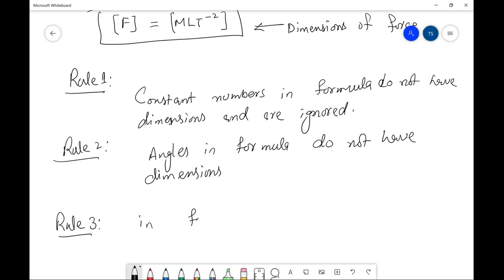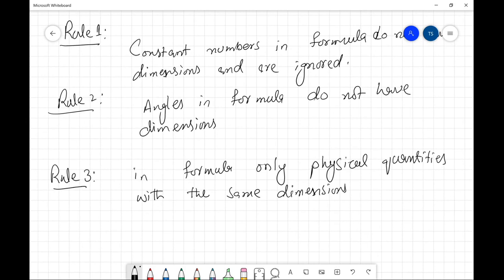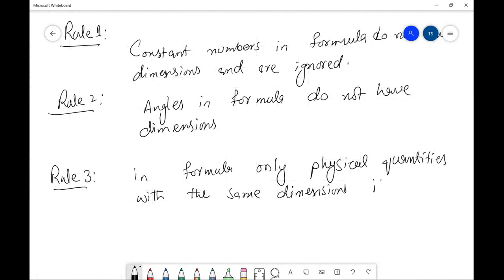In formula, only physical quantities with the same dimensions will be or may be added or subtracted.